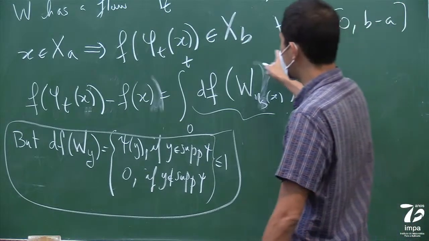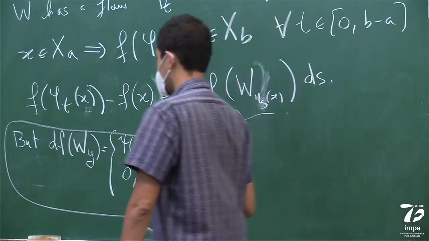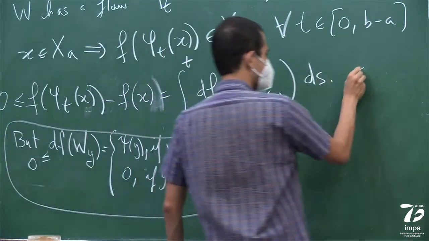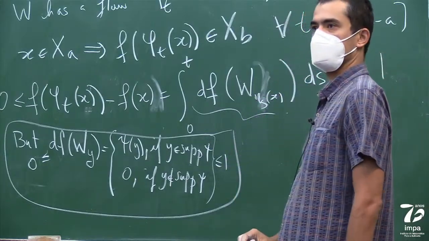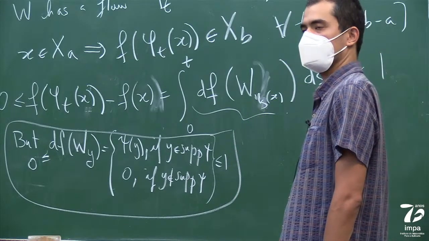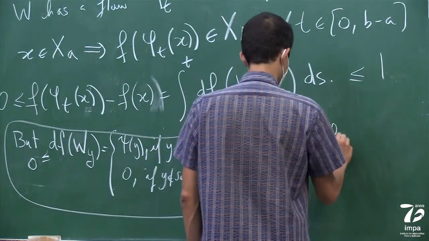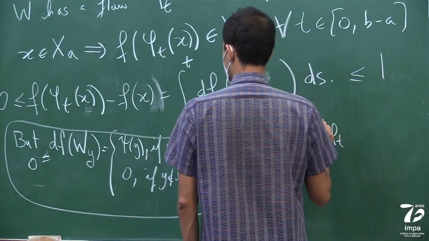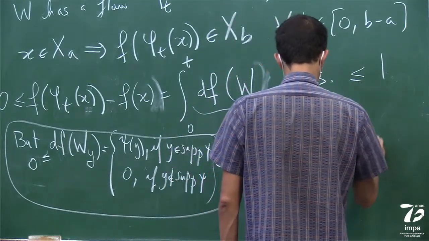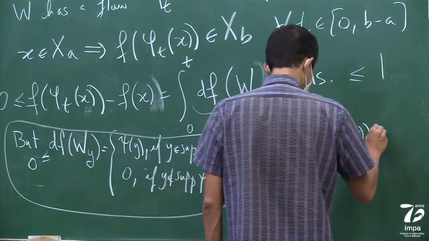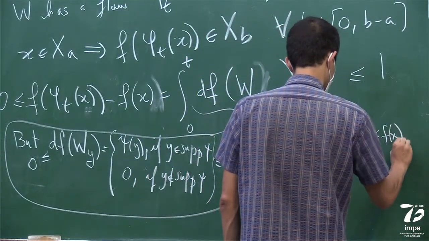So that means that this integral is greater than or equal to 0 and less than or equal to 1. So that means that f of phi t of x is going to be bigger than or equal to f of x and less than or equal to f of x plus t.